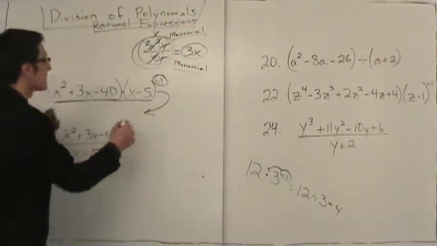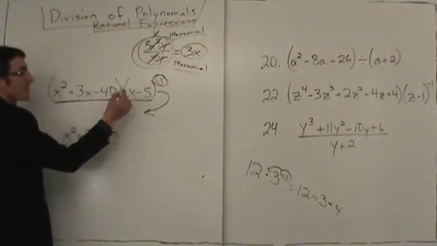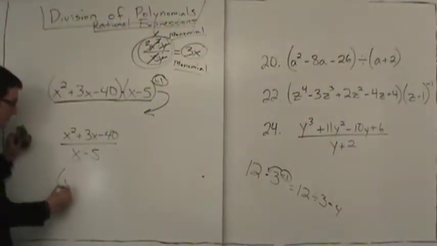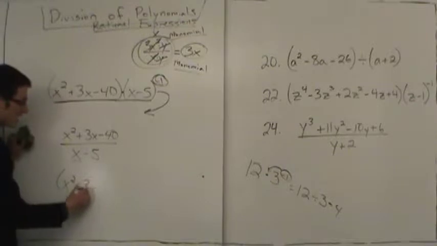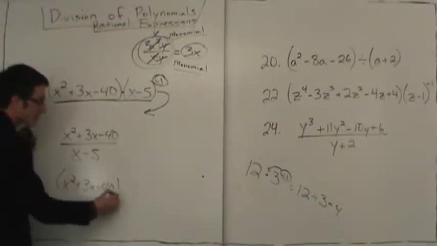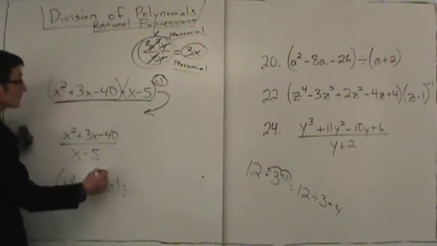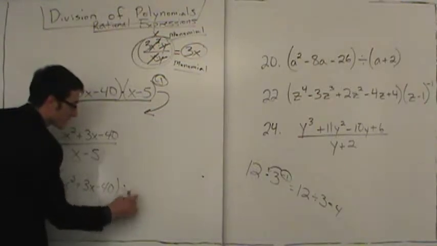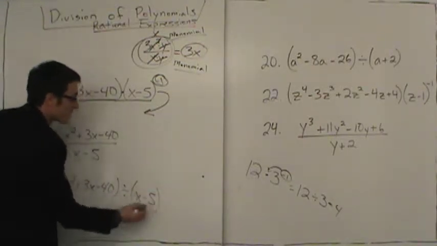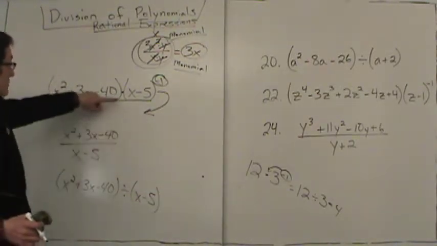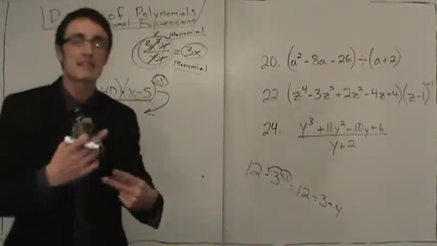So we end up with x squared plus 3x minus 40 divided by quantity x minus 5. All three of these forms are saying exactly the same thing.